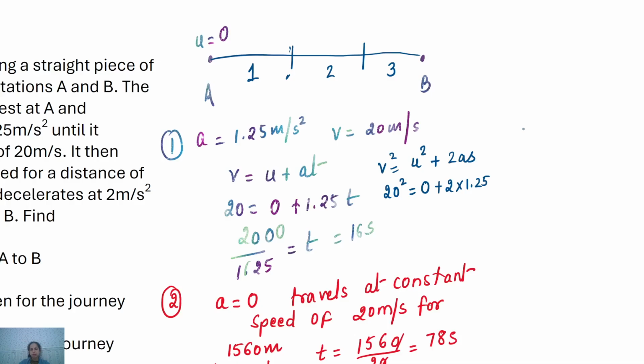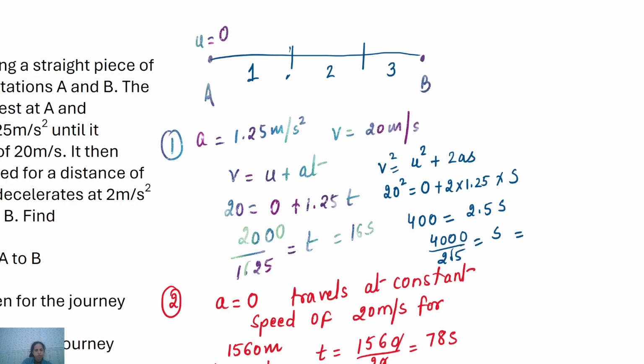So 400 equals 2.5s. So 400 divided by 2.5 is the distance. Okay, dividing, I'm just going to use a calculator, 4,000 divided by 25, which will be 160. That was easy. 160 meters.